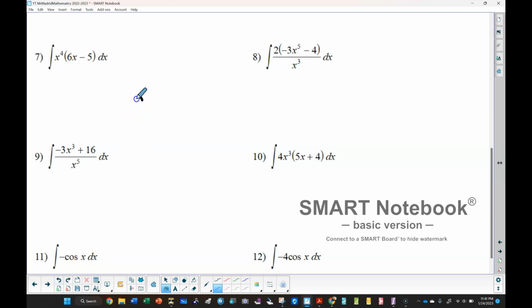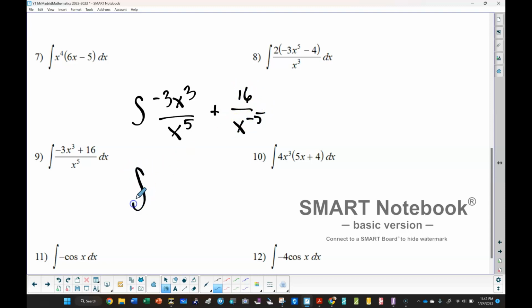So here what we can do is break it apart in this way, plus, and one step further, and you guys should be okay. Let's do the third. This would be essentially times x to the negative fifth plus 16x to the negative fifth, and integrate that way. Of course, you can combine such and such.